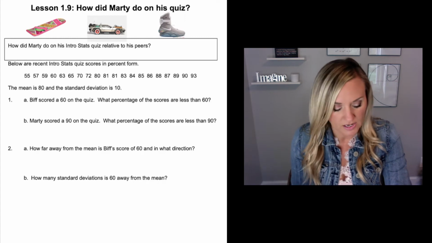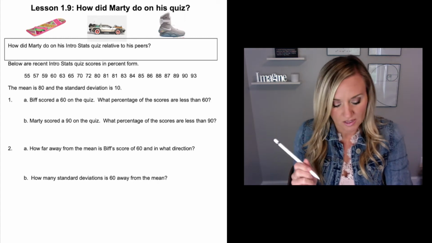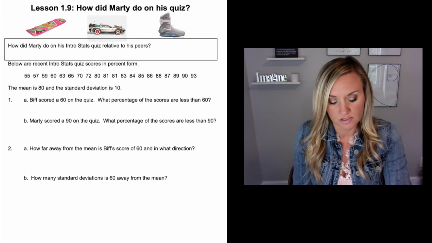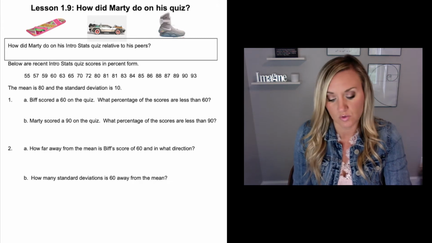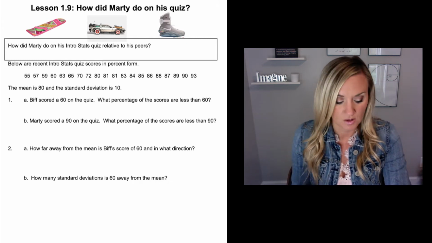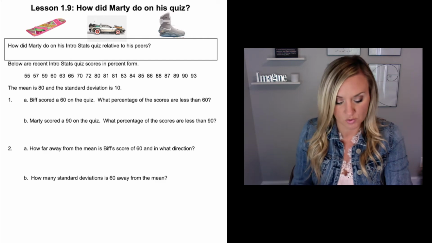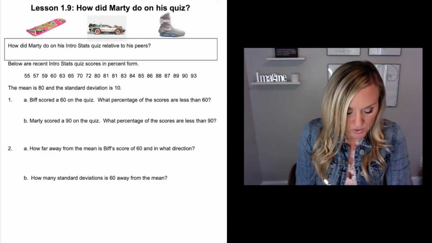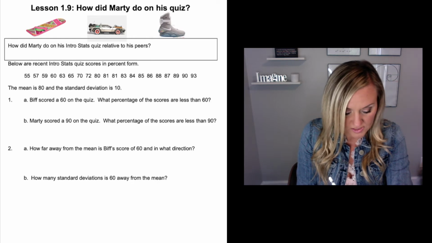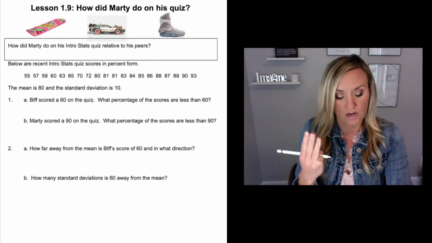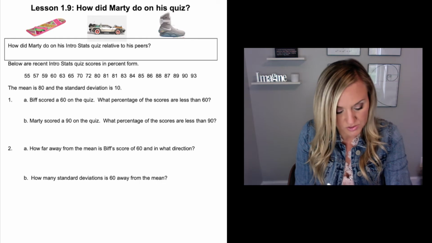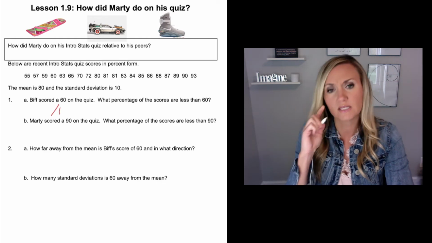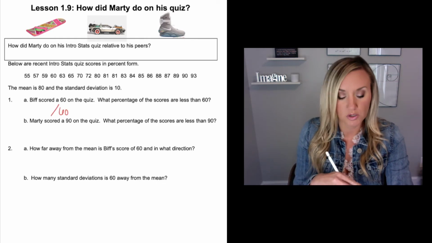All right, so Biff scored 60 on the quiz. What percentage of the scores were less than 60? We have a total of 20 scores in the class, so how many of them were less than 60? Looks like there were 3: 1, 2, and 3 test scores were below 60.